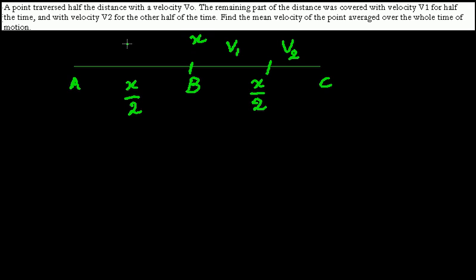So I forgot to mention v0. Okay, so this time interval from B to B dash is t, and the time interval from B dash to C is also t.